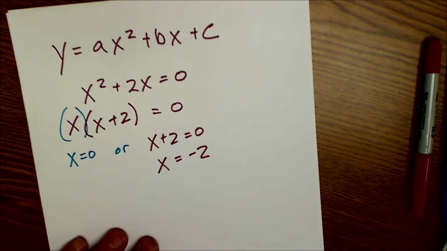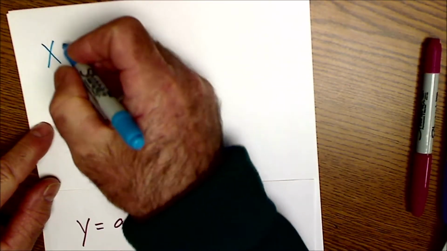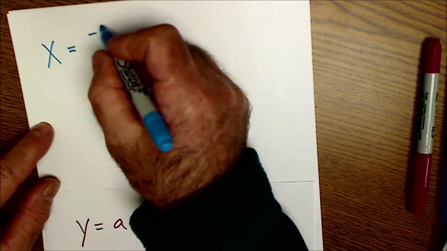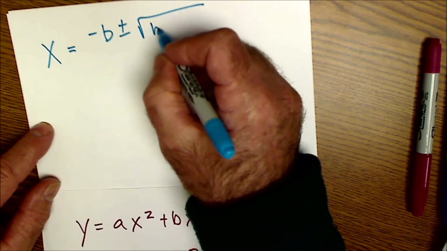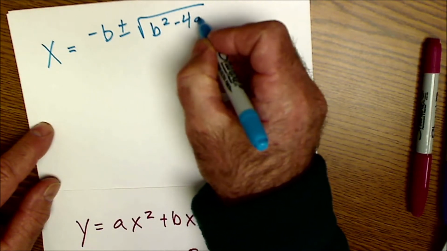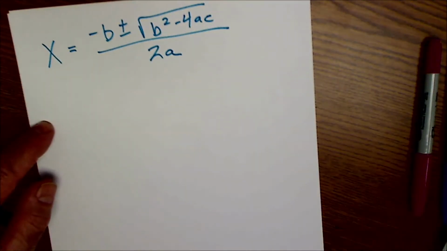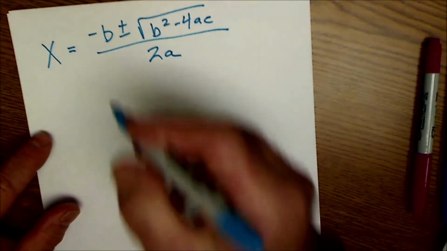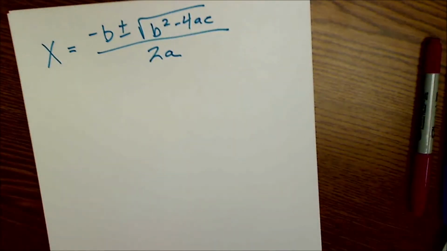After factoring, we go to the quadratic equation. The quadratic formula is x is equal to negative b plus or minus the square root of b squared minus 4ac, all over 2a. So the fact that we have a plus or minus is going to give us our two solutions.